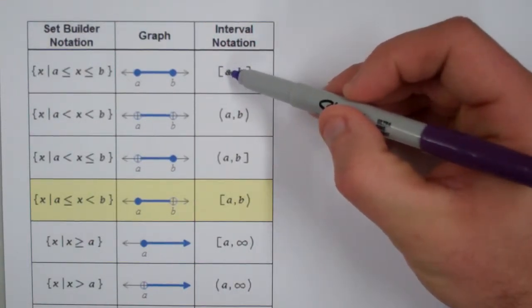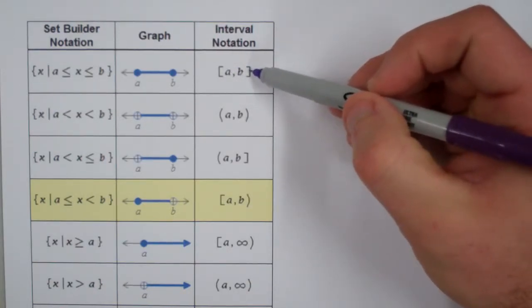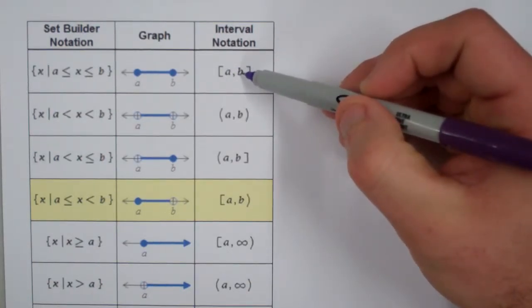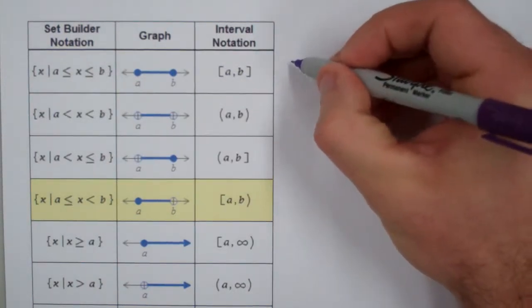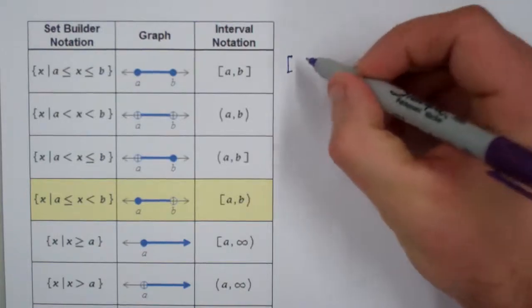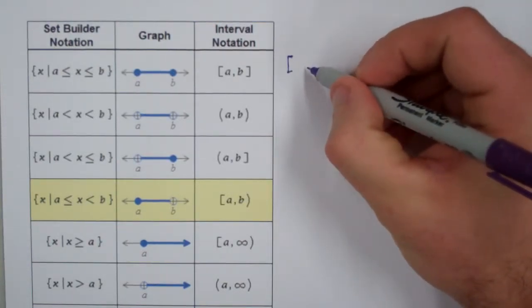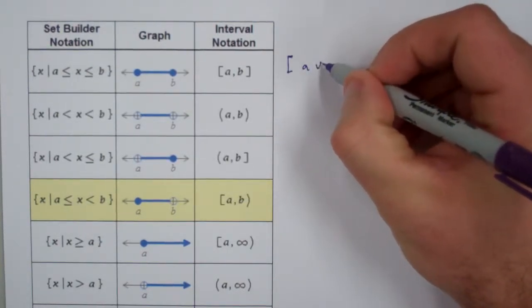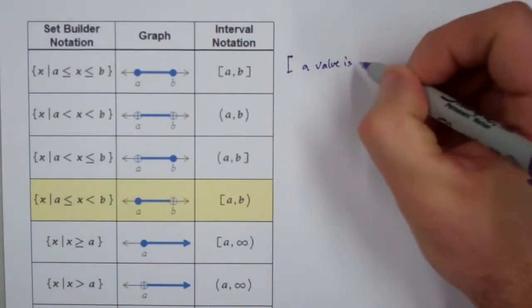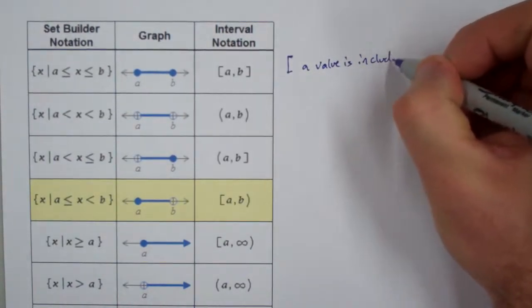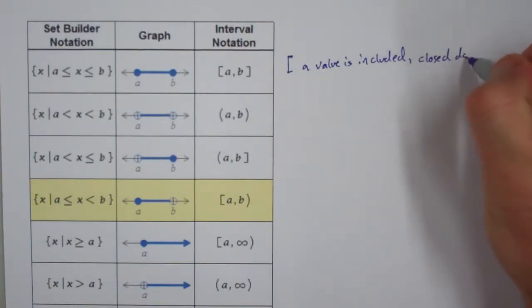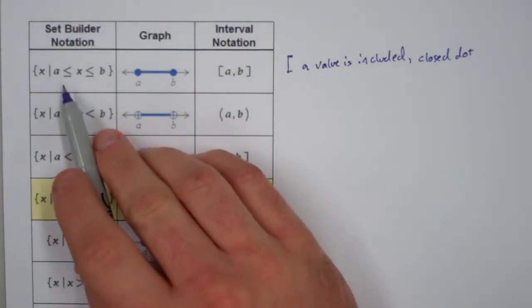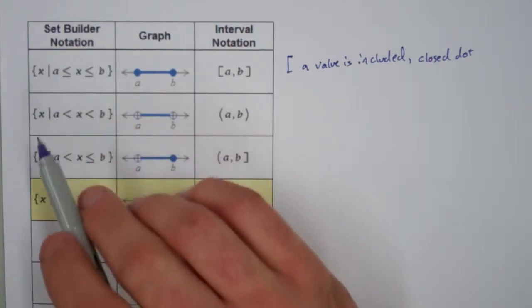This symbol is for the A, this symbol is for the B. A bracket in interval notation indicates a point or a value is included. It's like a closed dot, or like the equal to symbol underneath here.